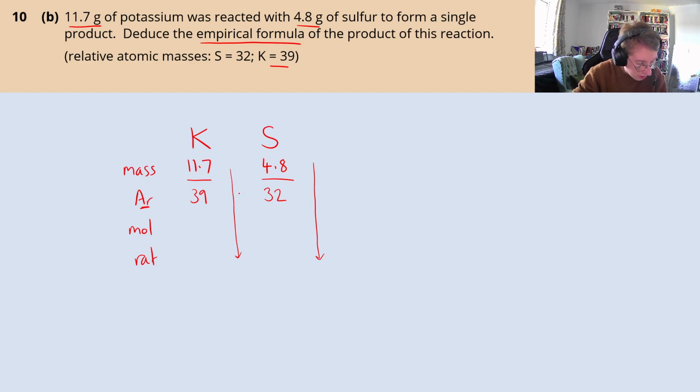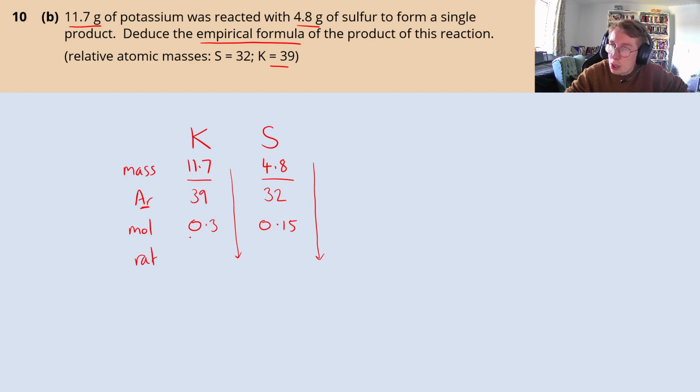11.7 over 39, you do that calculation, you get an answer of 0.3. You do 4.8 divided by 32, you get 0.15. So now the last step is to find the ratio of these two substances to each other. Some of you might be able to look at these numbers of moles and figure out the ratio from there, no problem.